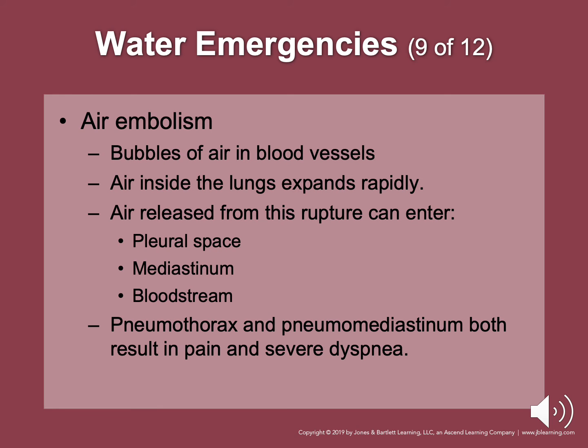Air pressure in the lung remains at a high level while the external pressure on the chest decreases. Air inside the lungs expands rapidly. The air released from the rupture can enter the pleural space, the mediastinum, and the bloodstream. A pneumothorax and pneumomediastinum both can result in pain and severe dizziness.